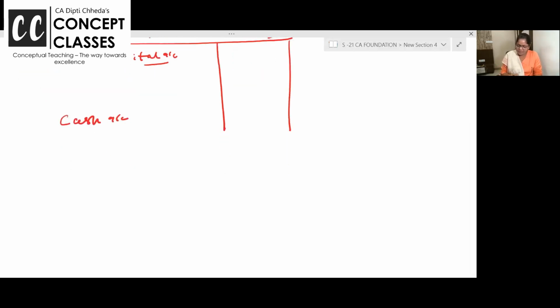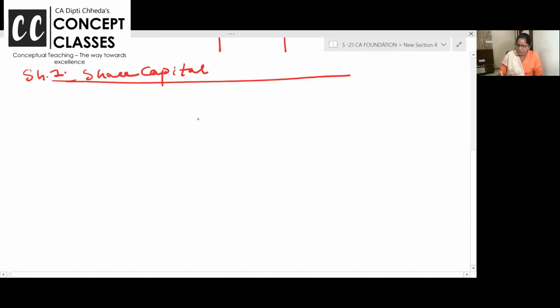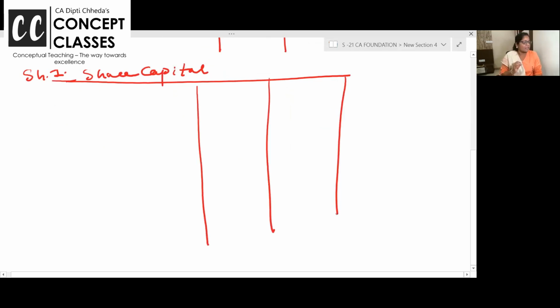Now, this we will write as schedule number 1. Schedule number 1 means how the share capital will appear. Particulars, amount. We will write the types of capital in detail.